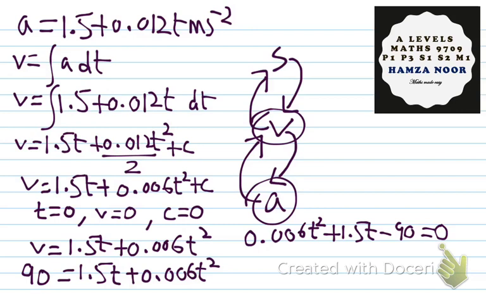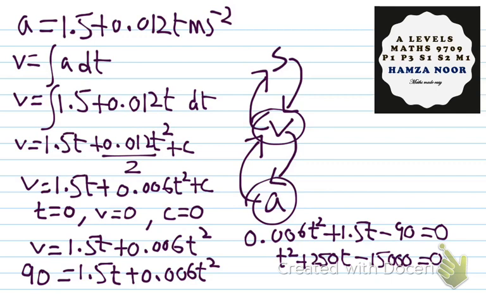Dividing all three terms by 0.006 to make it simple, this goes like t squared plus 1.5 divided by 0.006, which is 250, t, minus 90 divided by 0.006, which is 15,000, minus 15,000 equals 0.